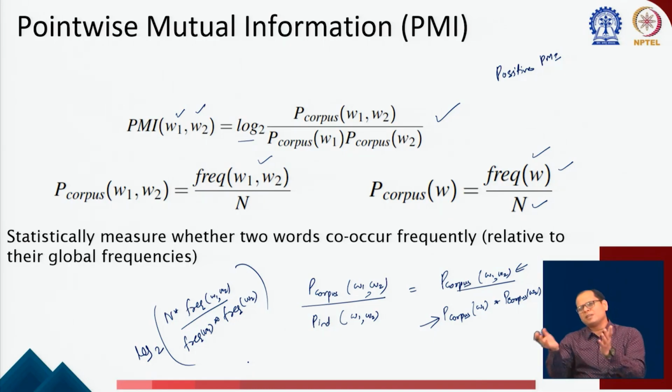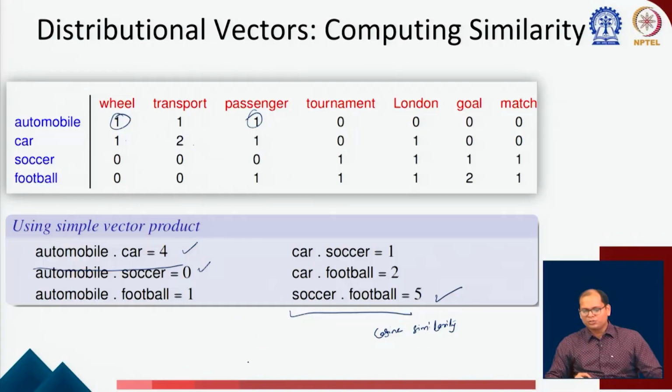That defines another measure, the pointwise mutual information measure, and this is very popular in the literature. So that means that rather than using just simple counts, I can also use association measures like PMI for this, right.